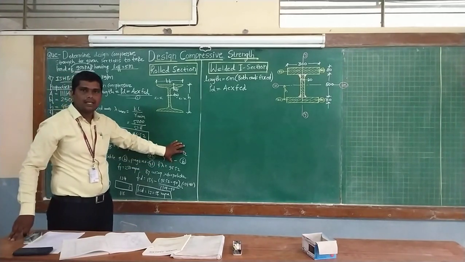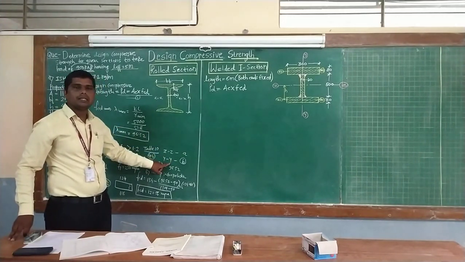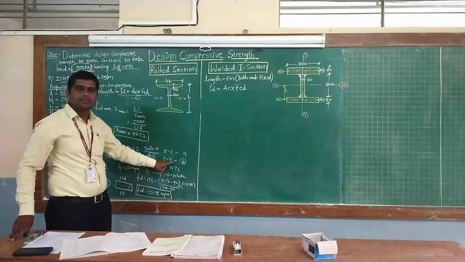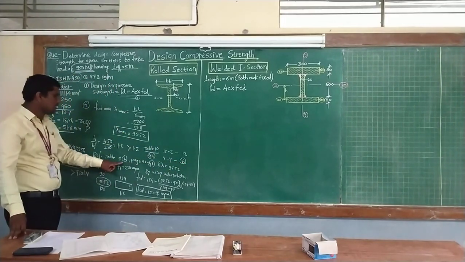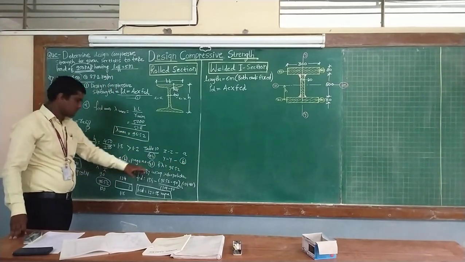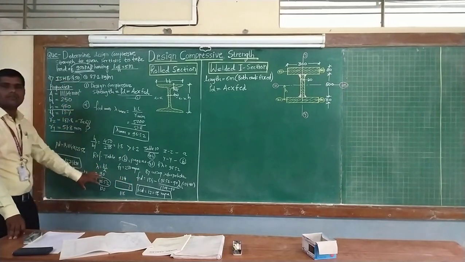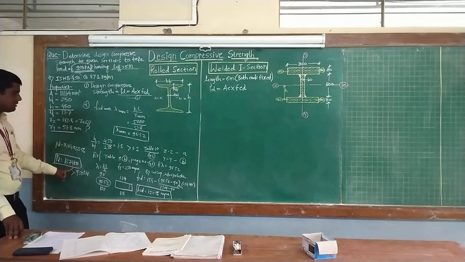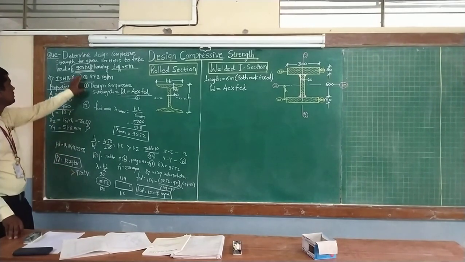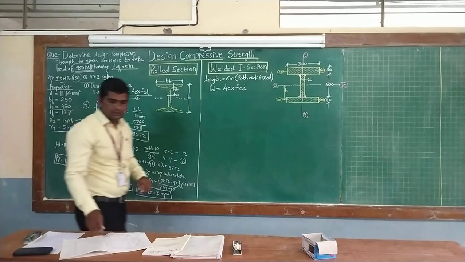Along this axis we choose the radius of gyration about the Y axis, which is the minimum. For that we refer to table number 9B, page number 41, do the interpolation and find the value of FCD, that is design compressive stress, and substitute that value in the design compressive strength, and the answer is greater than the previous value.